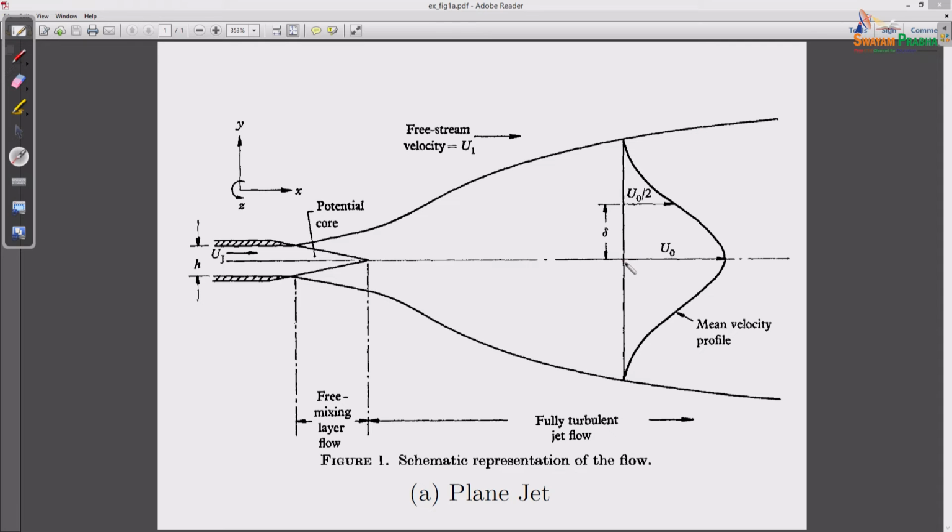Now this is a location delta where u naught is the central line velocity, and this velocity is half of the central line velocity.